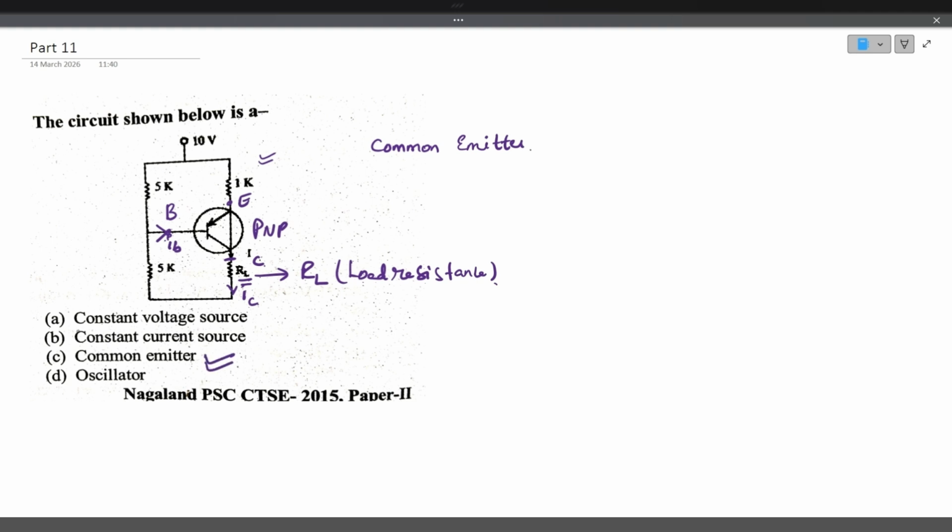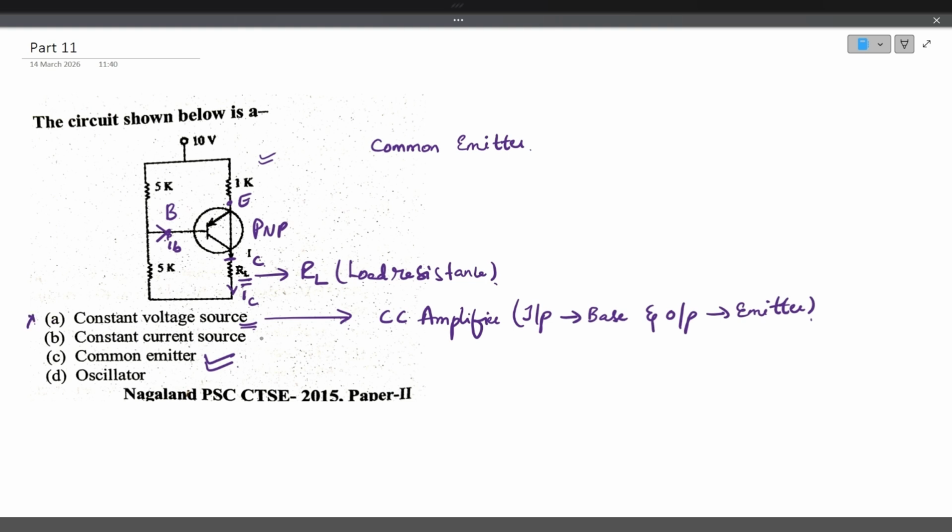Let's see the options. Option A is constant voltage source. Constant voltage source means it must be a CC amplifier, common collector amplifier. For common collector amplifier, input is at the base and output is at the emitter. But here in this case the output is taken across the collector, not emitter. So this is not the option.